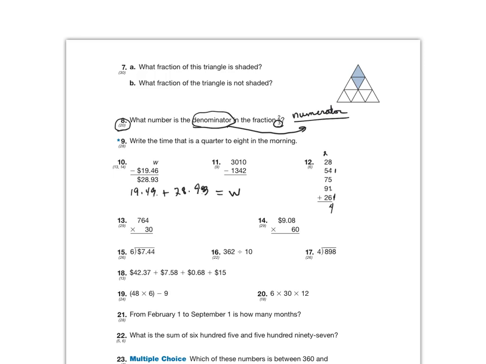So 2 plus 2 is 4, plus 5 is 9, plus 7 is 16. Oh, I just went past 10, so 6 plus 9 is 15. Oh, I just went past 10 again. And 5 plus 2 is 7, and then I bring down my 2s that I went past, so it should be about 274. Yep, that looks about right.